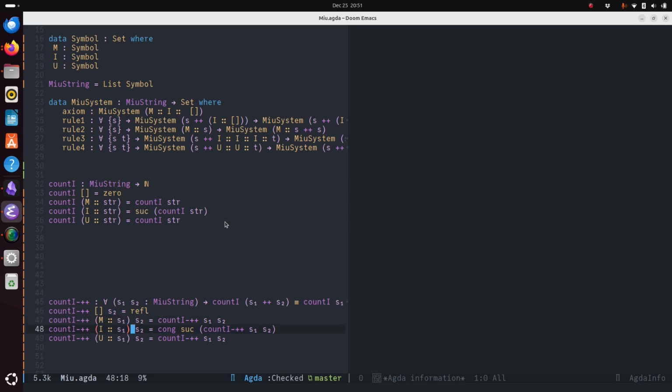When the symbol is I, we wrap the proof with cong suc to reflect the extra successor. And Agda checks all of this for us. If any branch does not actually prove the equality it claims, the type checker will complain. So the little function is doing two jobs at once. It's a piece of code and it's a fully verified mathematical proof.